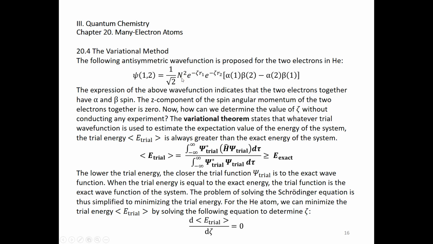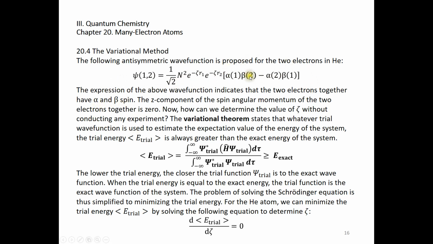Here N is the normalization factor for the one-electron function. Zeta is the effective nuclear charge. r1 and r2 specify the distance between the two electrons and the nucleus. The expression of this wave function indicates that these two electrons together have an alpha and beta spin.